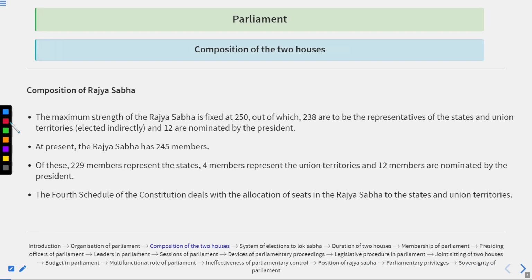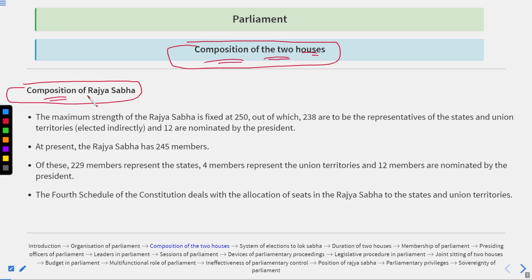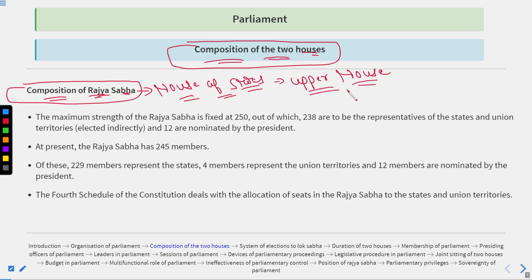Thereafter, if we talk about the composition of the two houses in India, all right, so basically the first we have is the composition of Rajya Sabha. All right, and Rajya Sabha means the House of States, and this is an upper house also.